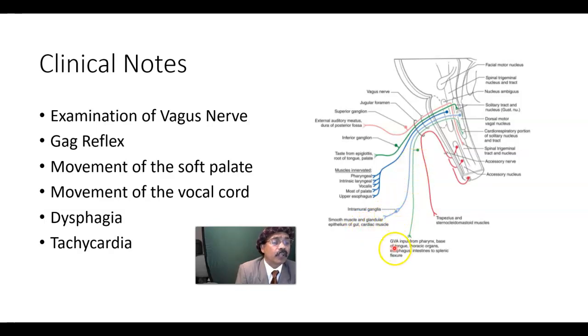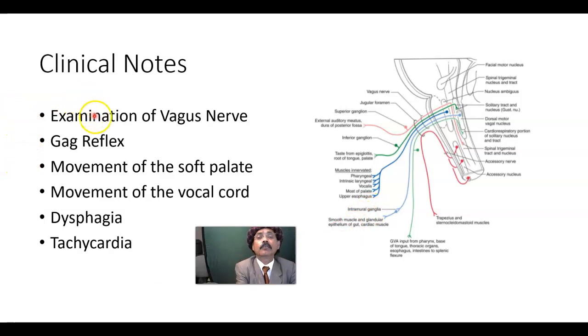General visceral afferent fiber input from the pharynx, base of the tongue, thoracic organs, esophagus, and intestine to the splenic flexure is also carried by the vagus nerve. These are all the structures innervated by the vagus nerve.